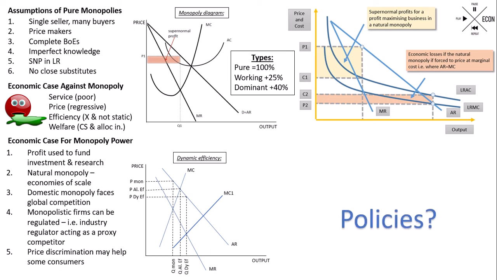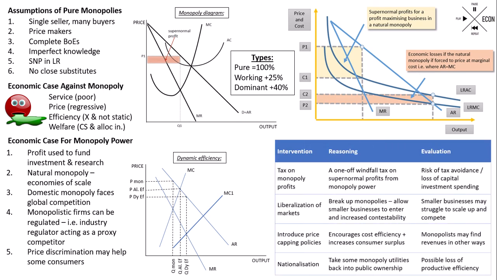And finally then, policies. So see if you can identify a few policies the government could introduce to control or eradicate the market failure associated with monopolies. So there's a few interventions the government could use. You can read through them yourself. There's reasons there for the intervention and how it would work, and there's also AO4.